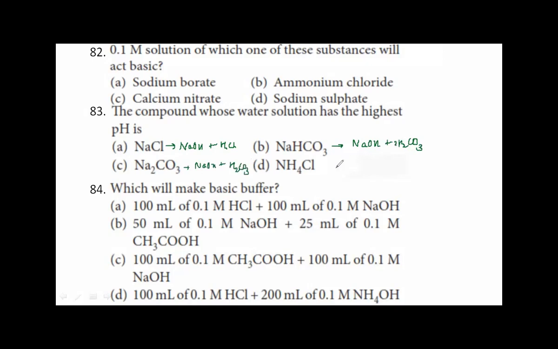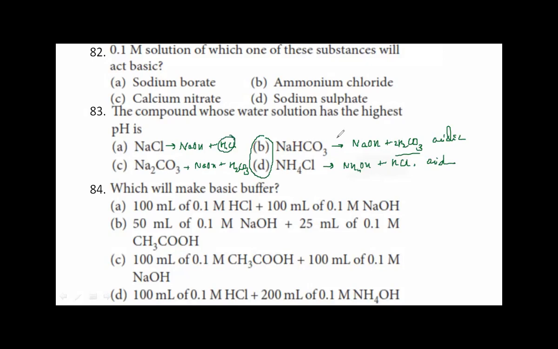NH4Cl is the salt of NH4OH plus HCl. So NH4Cl and NaHCO3, options B and D, are acidic in nature. Na2CO3 is basic in nature.